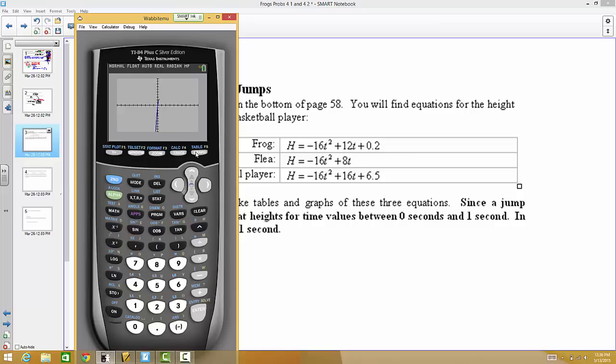So you need to change your window so that you can see exactly what's going on. So to figure out your window, we need to look at a table and figure out exactly where the peaks are, where the intercepts are, and what we need to look at. So let's go to second graph. This might still be thinking.